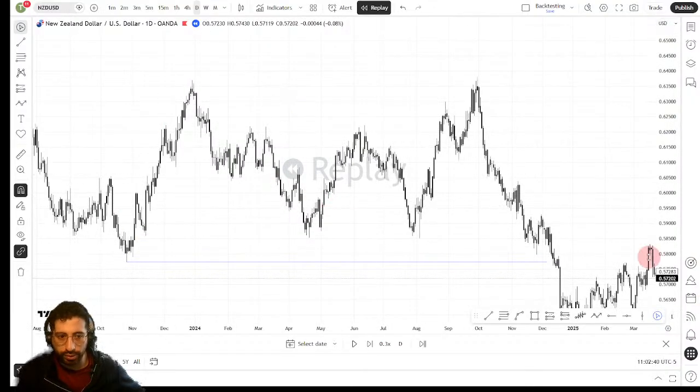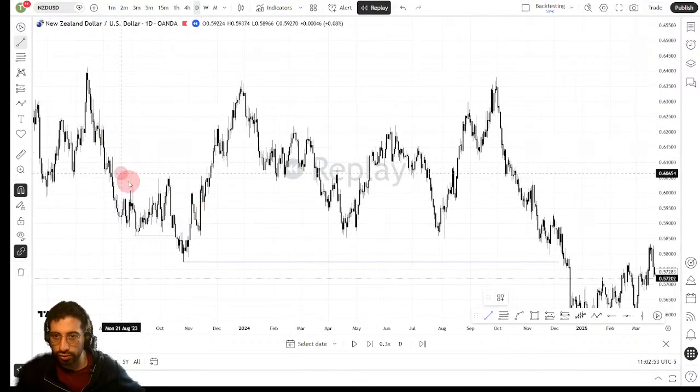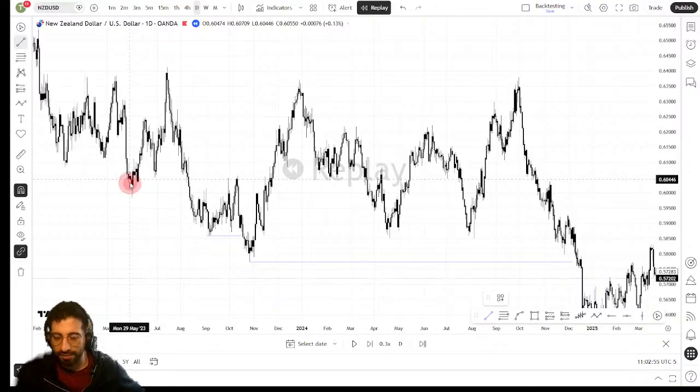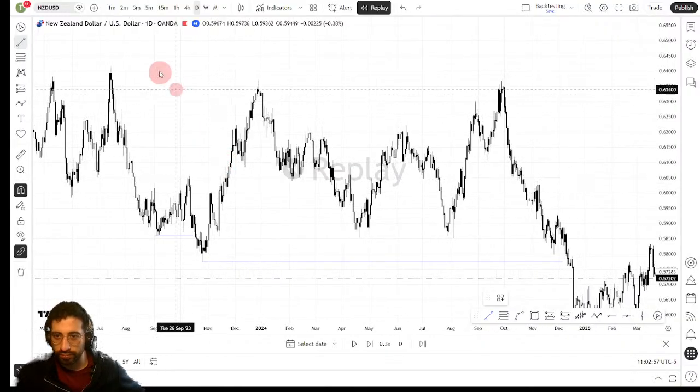At this moment, the price was in a bullish impulse here. The price took the liquidity, right? Here it took the liquidity, and made a break of structure of the highest high, which was this one.